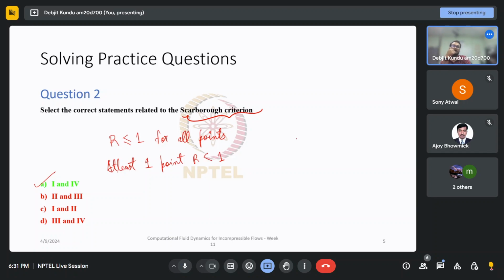So it could be that at all points R is equal to 1, and at only 1 point, if it's less than 1, that itself is sufficient for assuring that there will be convergence. This is just to ensure diagonal dominance, and if you use any solution scheme, you are guaranteed to get convergence. Any questions on this?